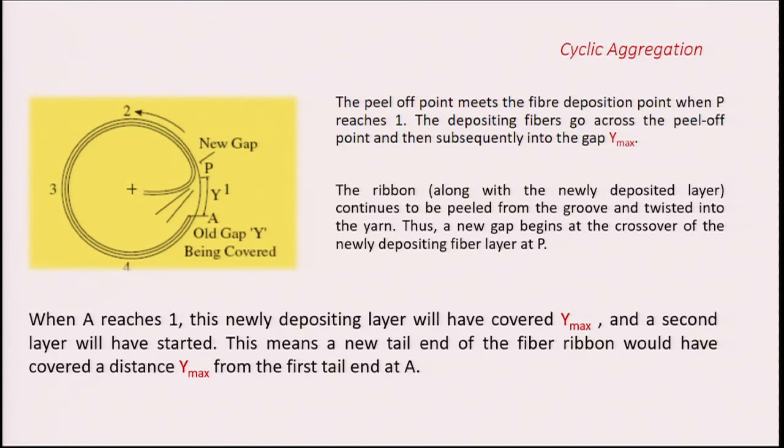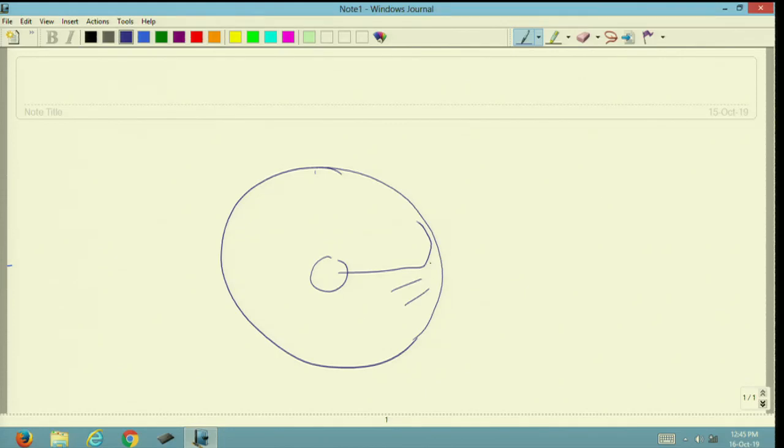Say, for example, if you have to imagine, if you see, this is the rotor. So, here the yarn arm is going to be here. So, the fiber is being delivered here. So, P and, for example, your point A are here, right. So, you have a layer of fibers.